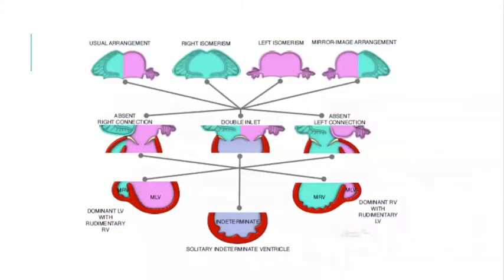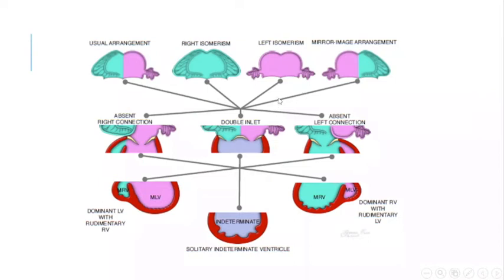This diagram summarizes the arrangement of the atrioventricular junction. So we have here the usual arrangement: morphological right triangular on the right side and left tubular on the left side. We have the isomerism, right and left. We have the mirror image.